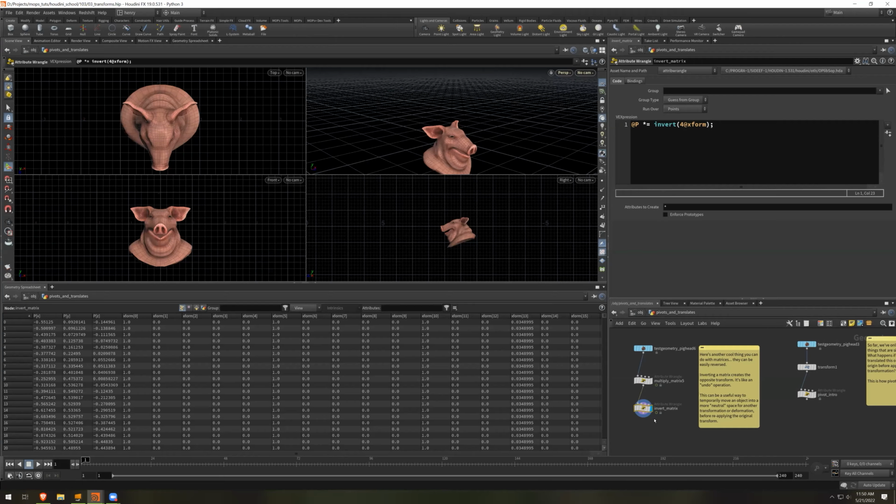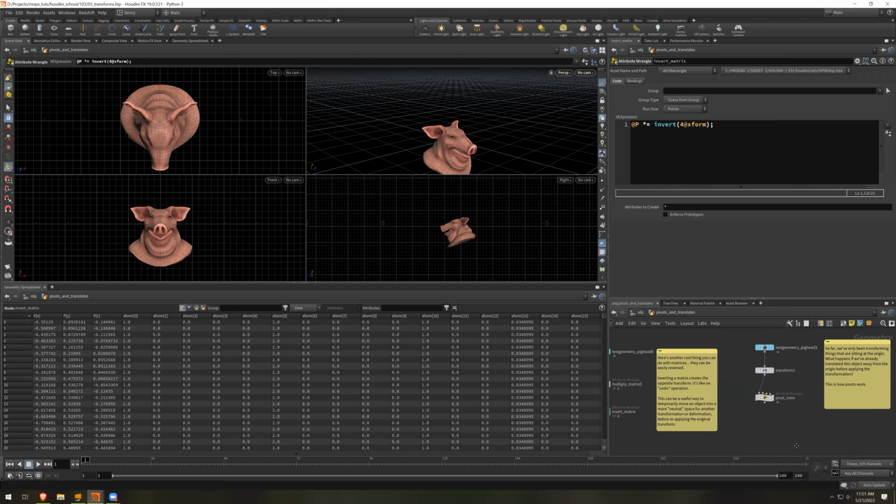And what that allows us to do is, if we multiply our matrix by the inverse of someone else's, we can sort of move ourselves into their space, which is really useful for things like parenting operations, where we want something to move as if it's tied to something else. Having that inverse matrix there gives us the power to space switch. It gives us the power to move into other more useful coordinate spaces, do an operation there, and then potentially move back if we need to.